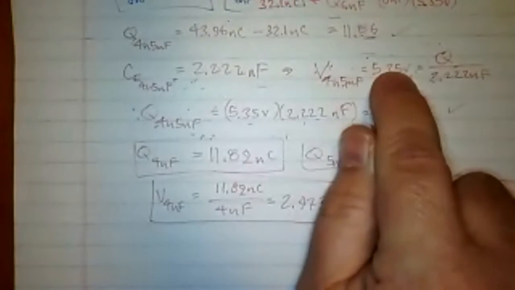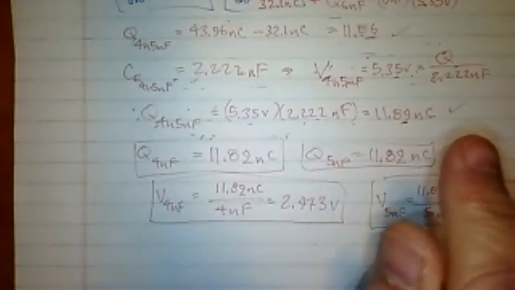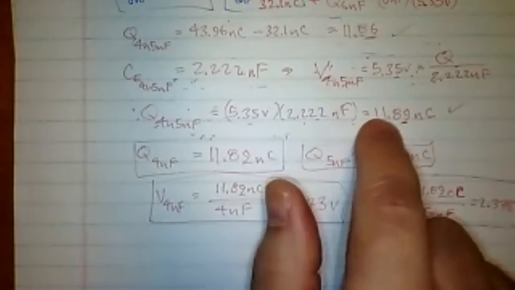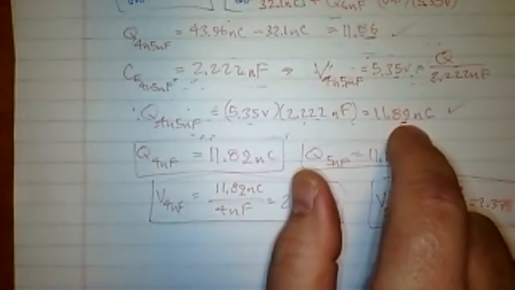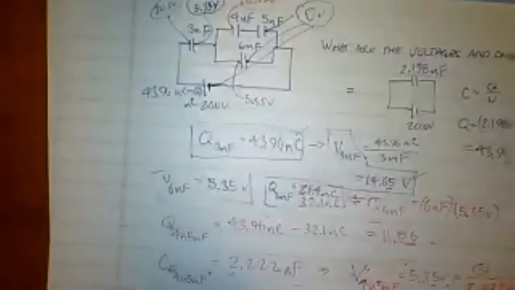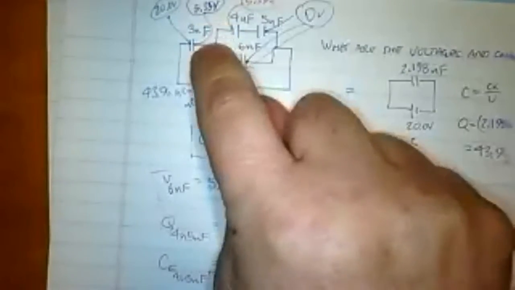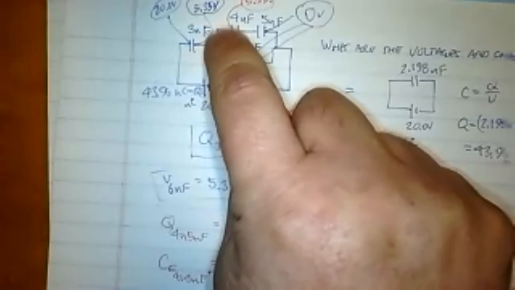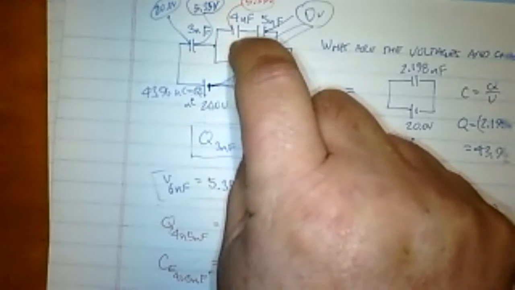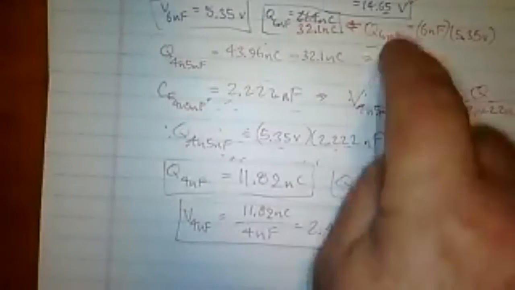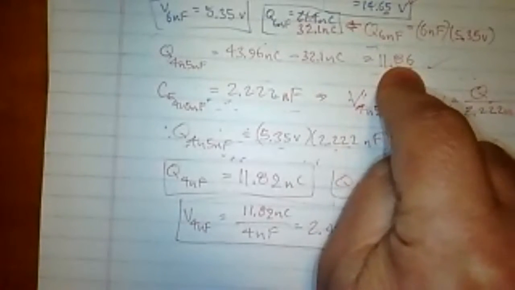So this times this gave me 11.89, which is essentially 11.9 nanocoulombs. So I know that's the amount of charge that's going on this arm of the circuit. Therefore, 11.9 nanocoulombs positive will be here, negative will be here, positive will be there, negative will be there. So the two charges on those things are supposed to be identical. And in fact, that is close enough agreement with conservation of charge there.